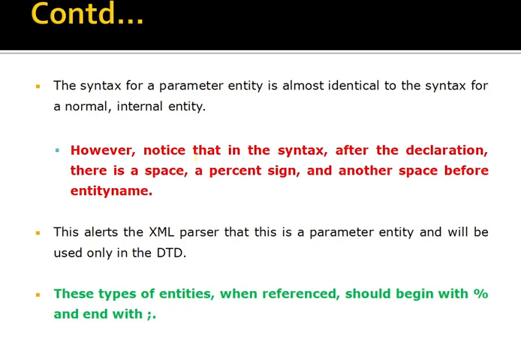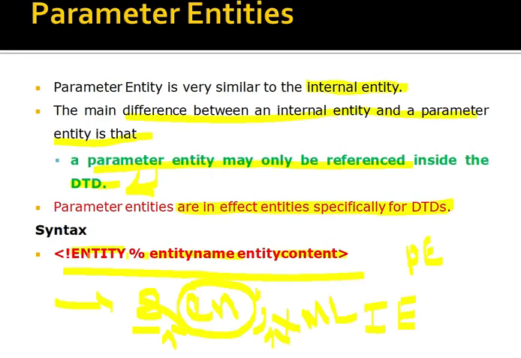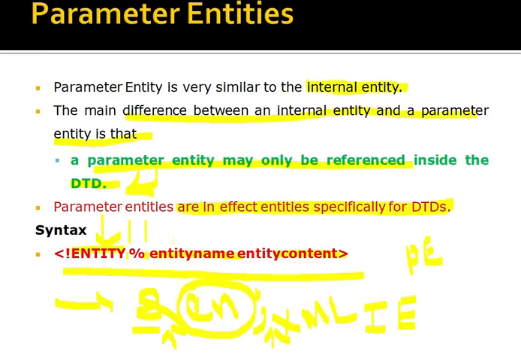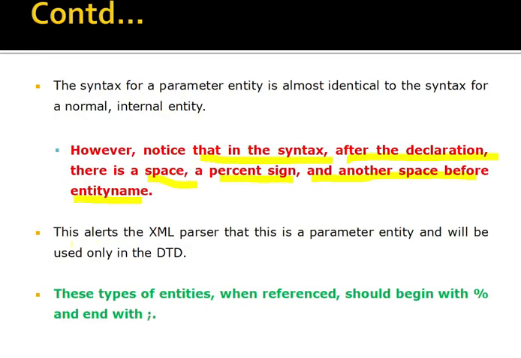However, notice the syntax: after the ENTITY declaration there is a space, then a percentage sign, and then another space before the entity name. This alerts the XML parser that this is a parameter entity and will be used only in the DTD.